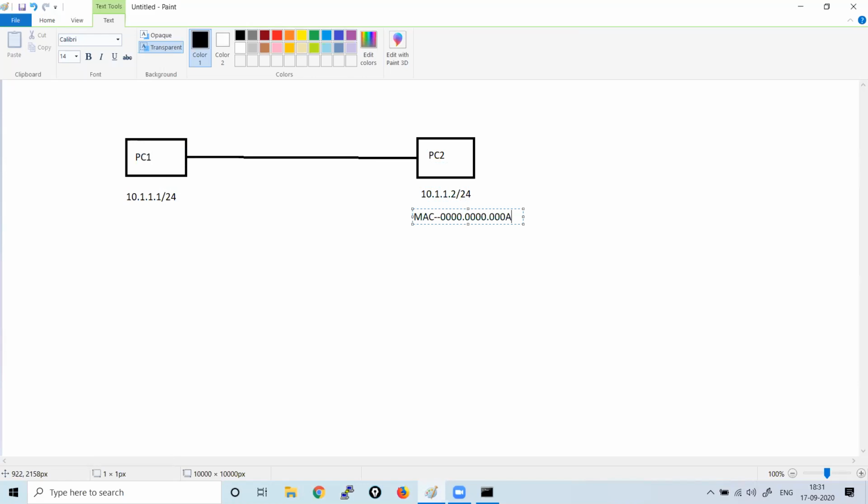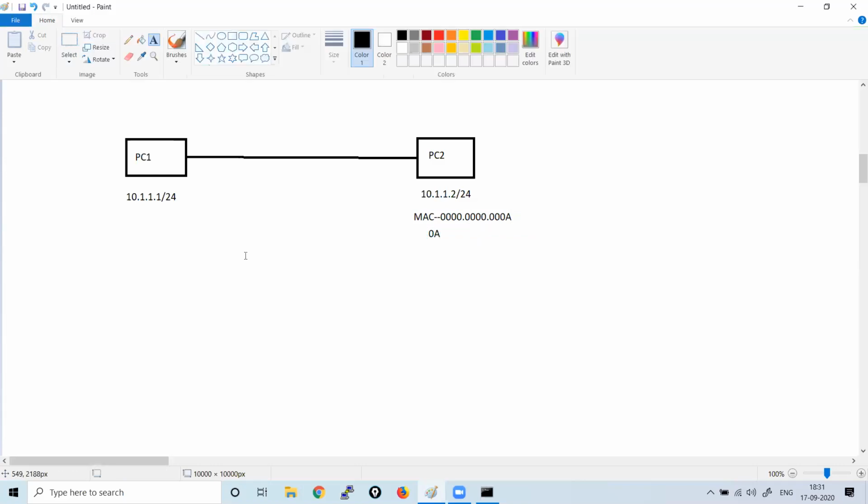For simplicity, I will write it as this. Am I clear?